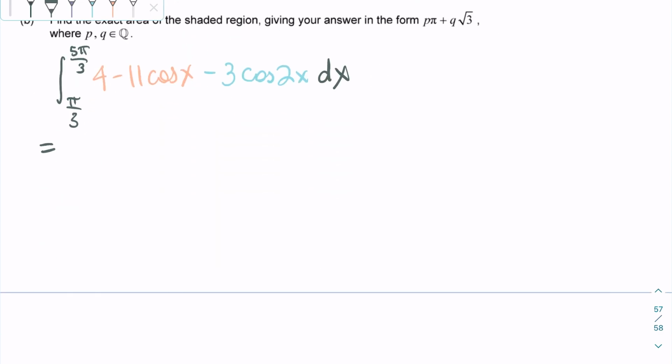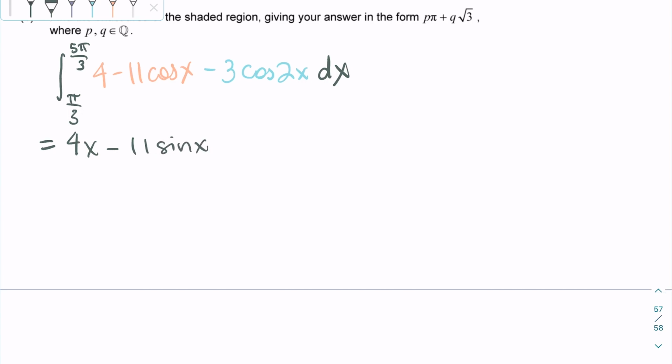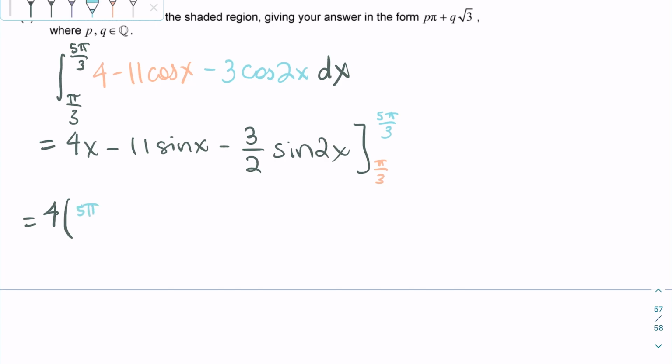We can now integrate and we get 4x minus 11 sine x minus 3 over 2 cosine 2x. We can then use the fundamental theorem of calculus and substitute the upper and lower boundaries into x and subtract the two values.